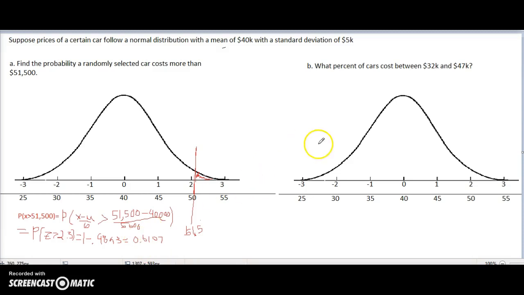Okay, so using the same mean and standard deviation for this second example, we want to find what percent of cars cost between 32,000 and 47,000. So if we draw that, 32 is probably around here, and then we get 47. So we shade in between because we want to know the area between these.